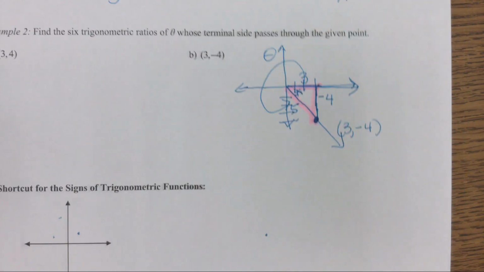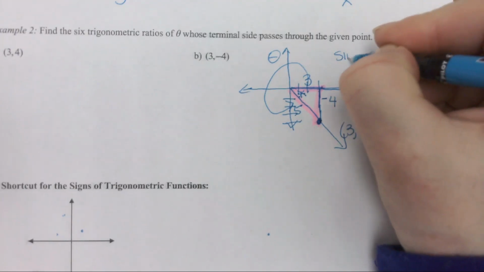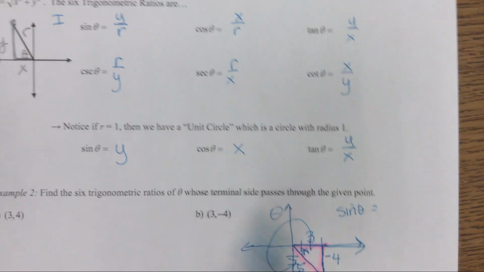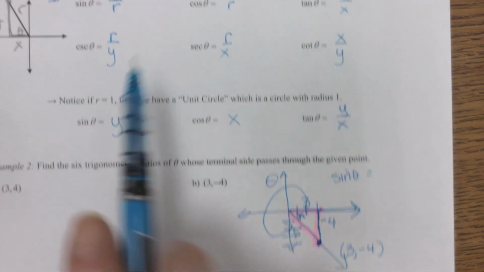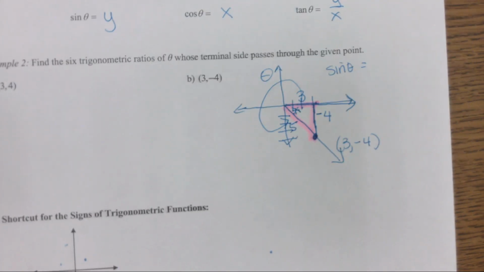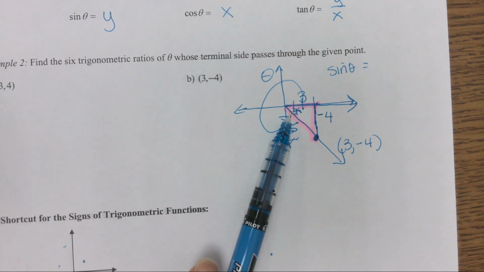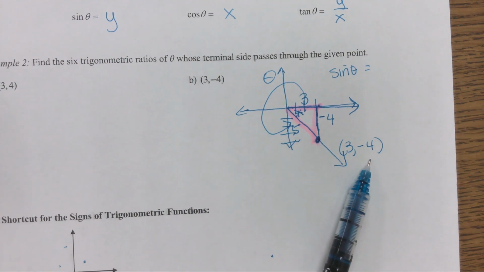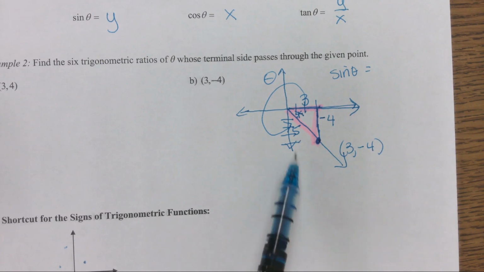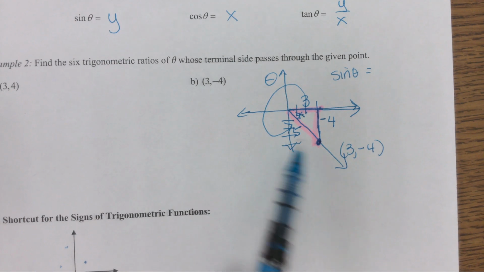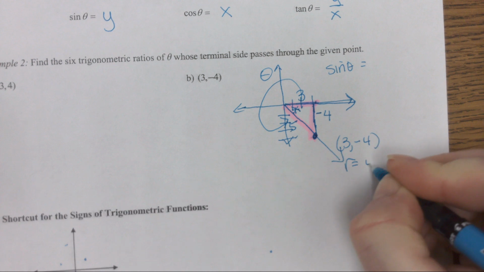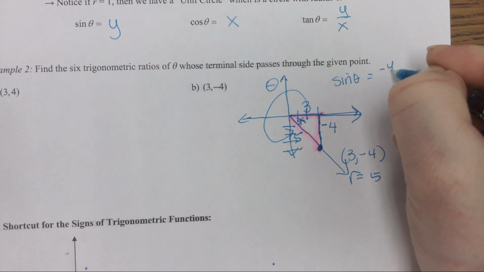What's the sine of theta? Use the ratio up here, y over r, or use opposite over hypotenuse. What's the y coordinate? -4, correct? And what's r? 5. Sine is -4 over 5.